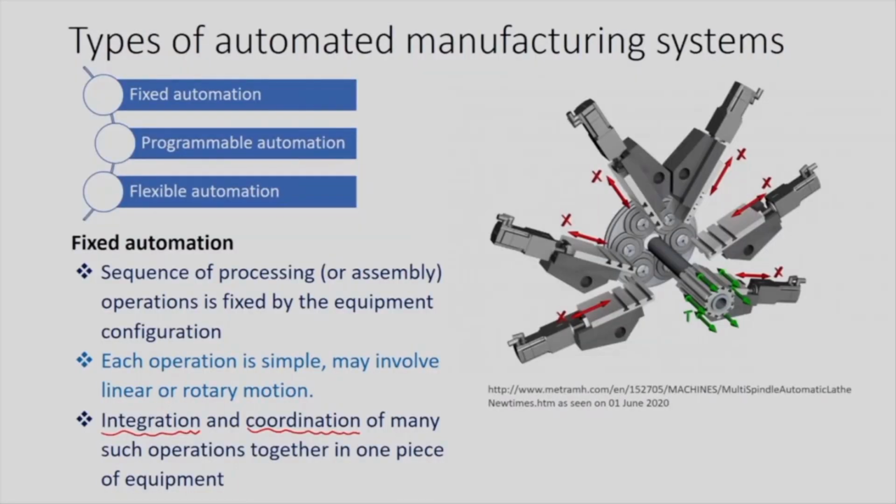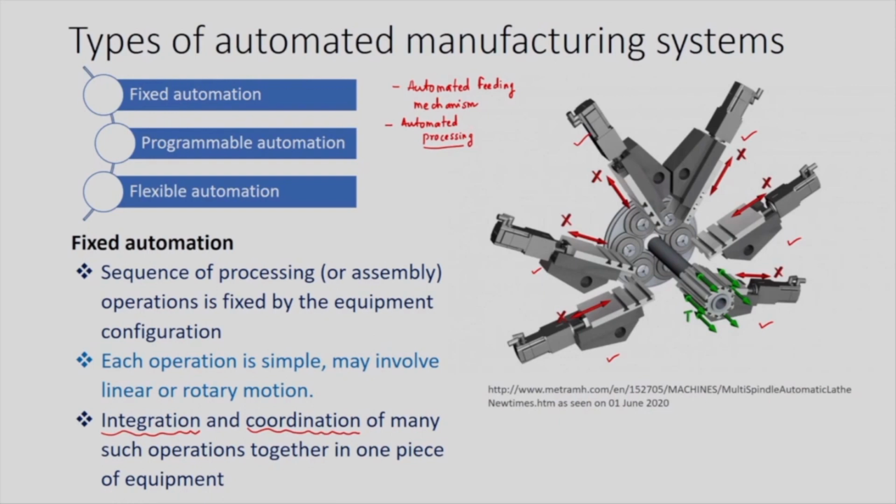So, what things are needed here? We should have an automatic feeding mechanism, then automated processing. For automated processing you can see various tools need to be designed. For every tool we have to have a slide. A slide is a mechanism which facilitates the movement of the cutting tool with respect to the workpiece.